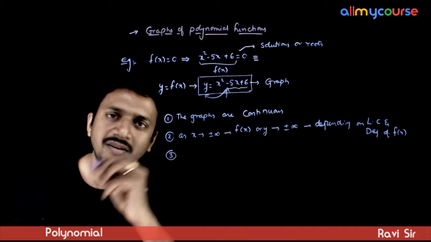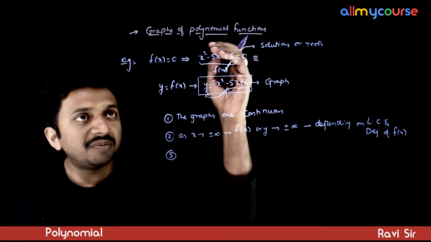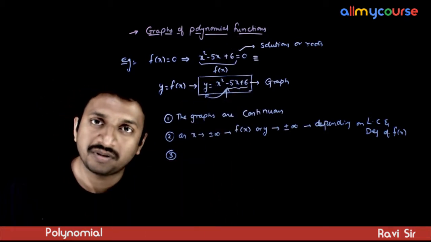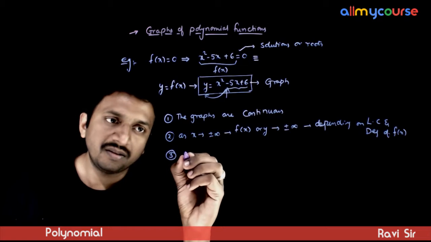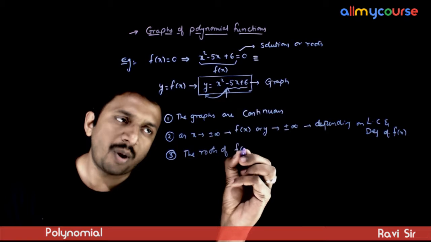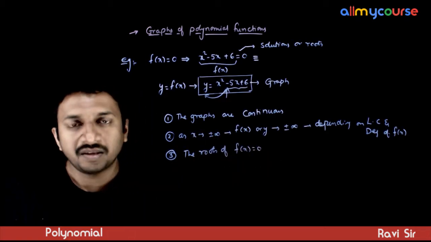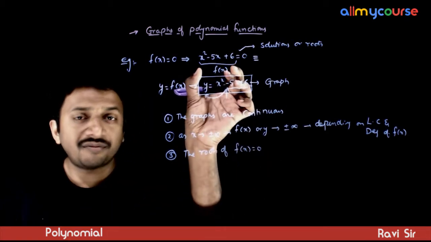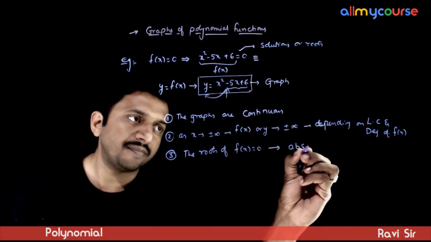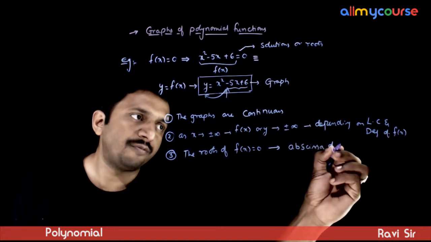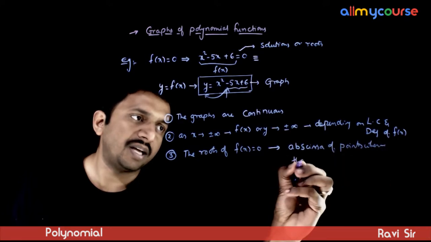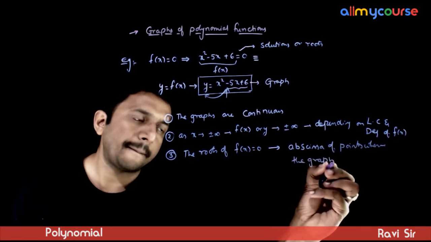The third thing to observe is the relation between polynomial equation and the polynomial function. The roots of the polynomial equation, the values of x where f of x is equal to 0, are the abscissa of points where the graph cuts the x-axis.